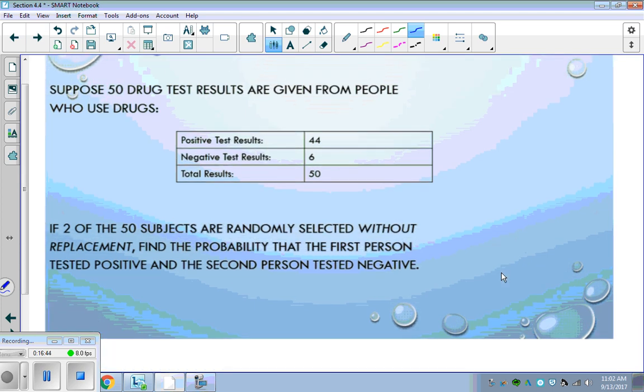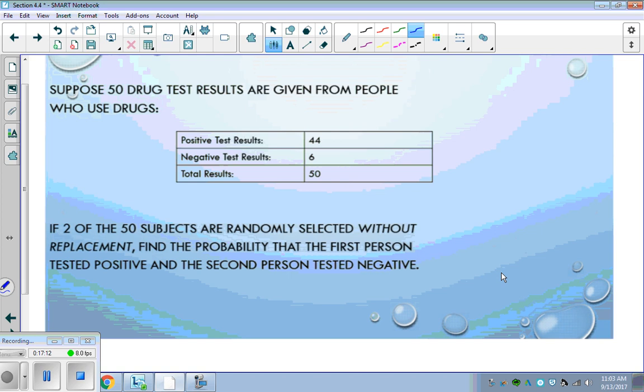So here we are back to the drug users. Suppose 50 drug test results are given from people who use drugs.